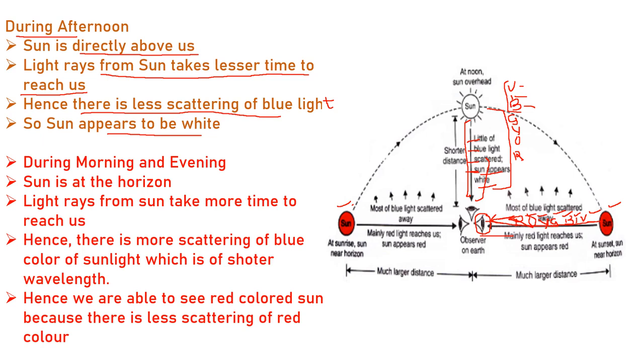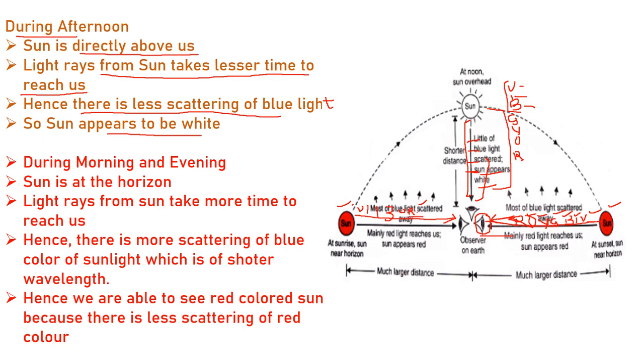The same thing is happening over here. By the time the light reaches the observer, violet, indigo and blue have completely scattered, right? Orange and red remain, with a very small amount of green and yellow. The orange and red colors are very prominent in the band of white light.